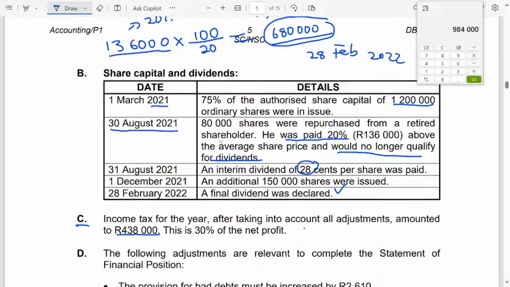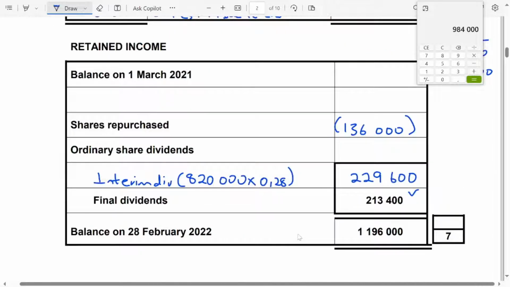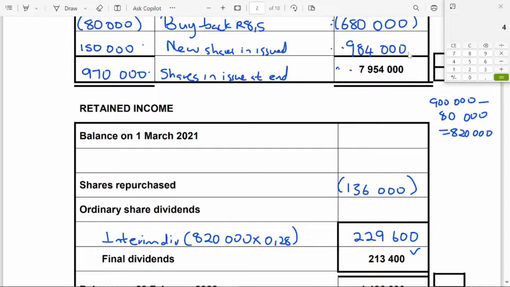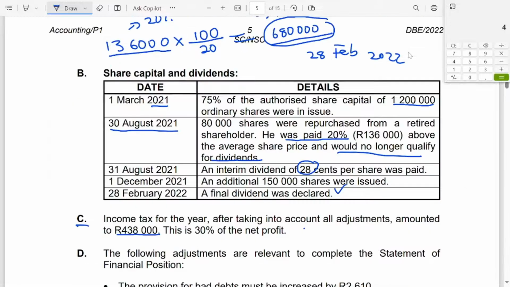It is 438,000. So remember, when we are doing the retained income, we include here the net profit after tax. So let's go back to the transaction. They're saying income tax is 30% of the net profit.